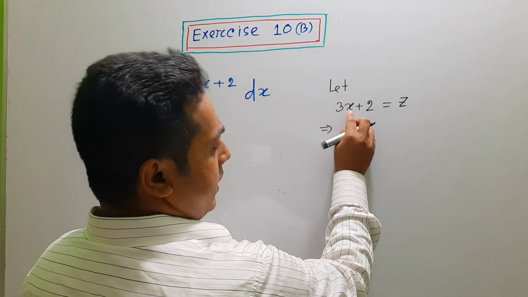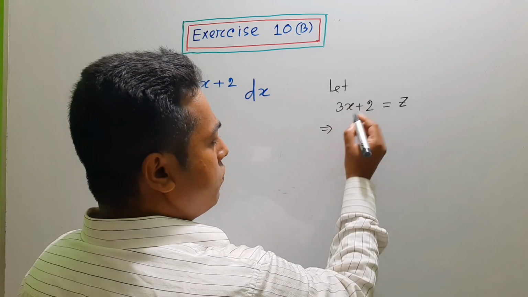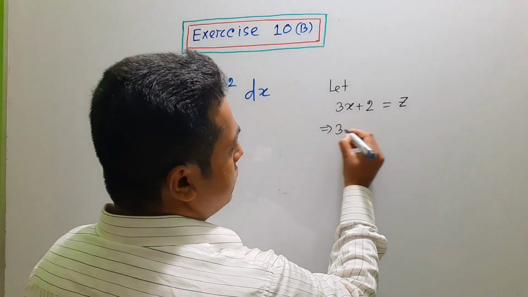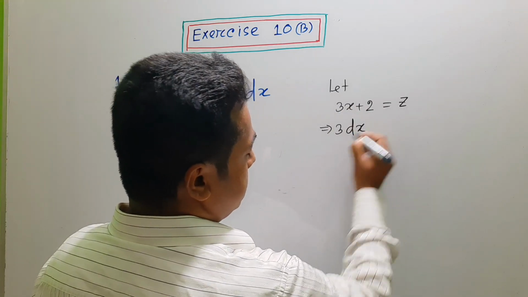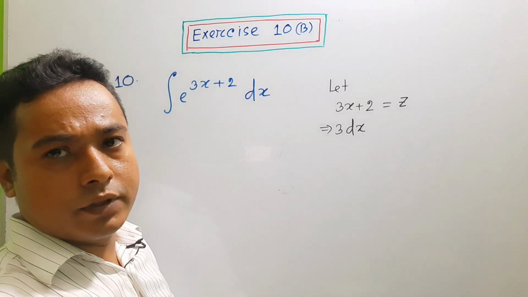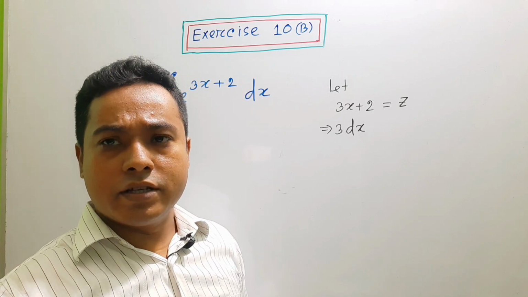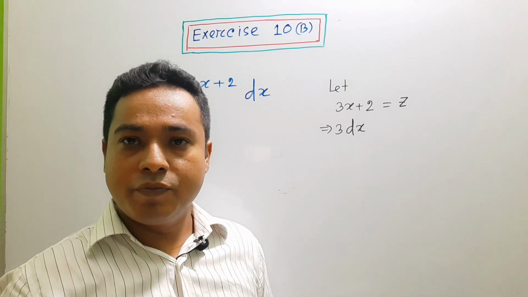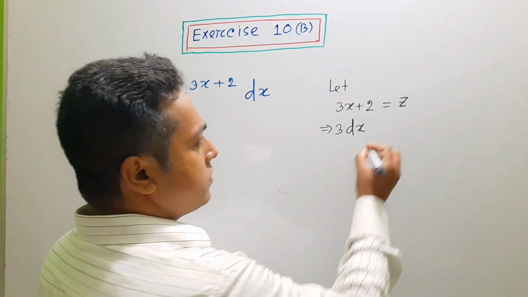differentiation of x is equal to 1, so 3 into dx, and differentiation of 2, a constant number, is equal to 0. You know the differentiation of a constant number is 0.